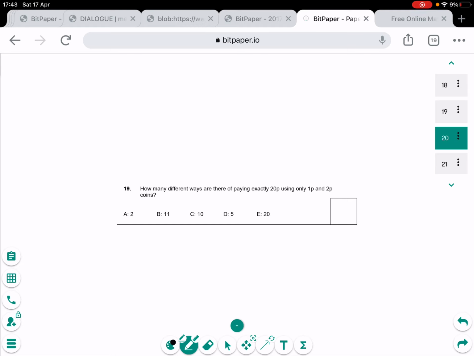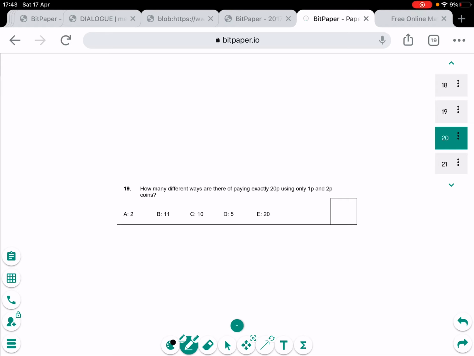How many different ways are there of paying exactly 20p using 1p and 2p coins?